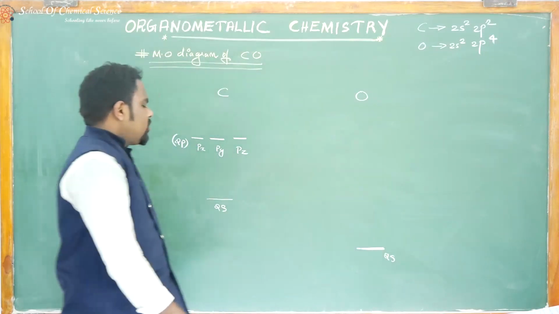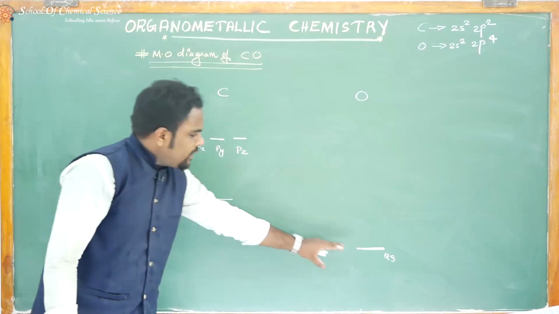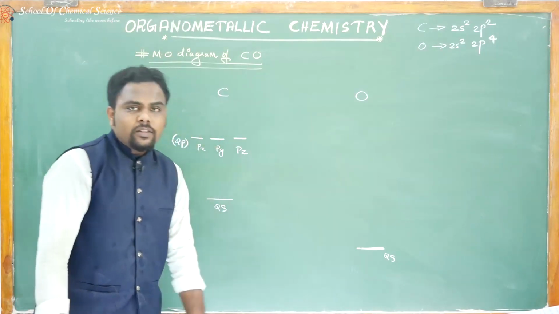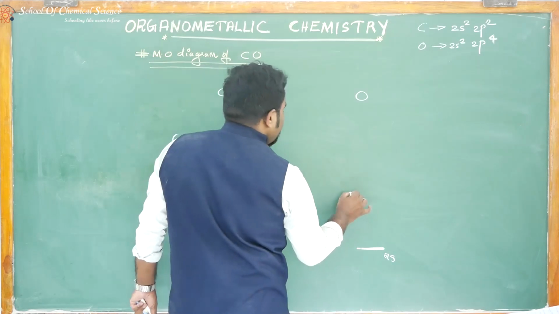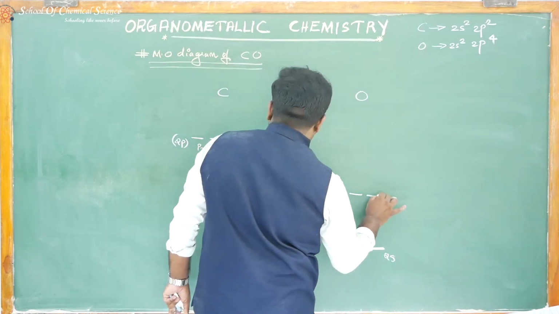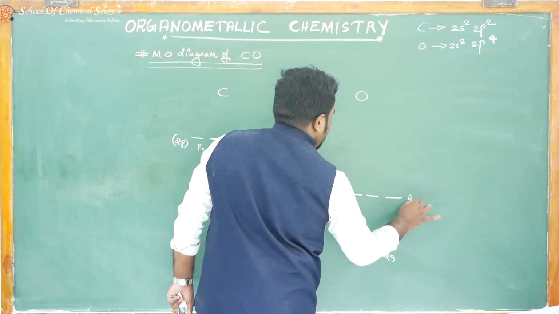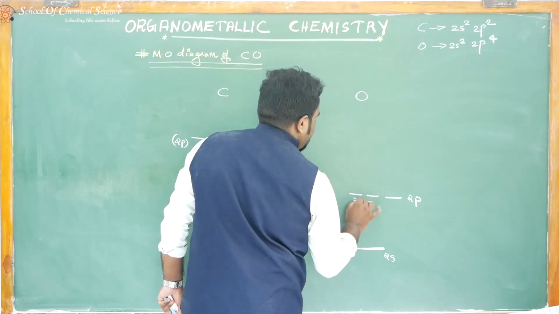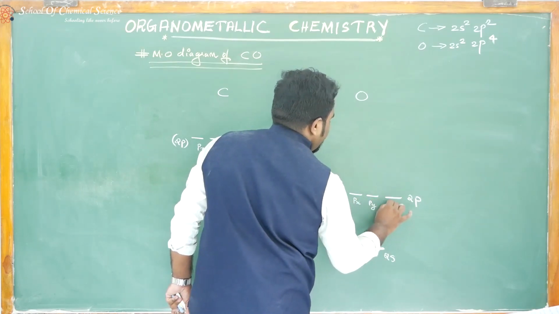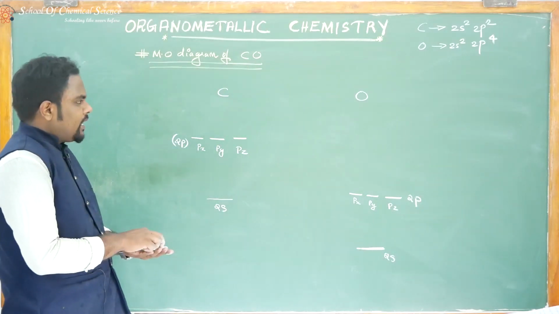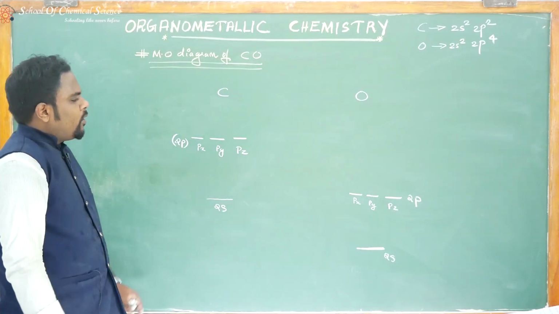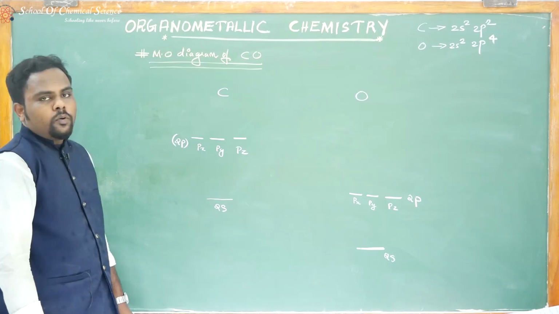So oxygen lies lower in energy. Similarly, the 2p orbitals of oxygen, px, py, pz, also have low energy. Then how do they form molecular orbitals?